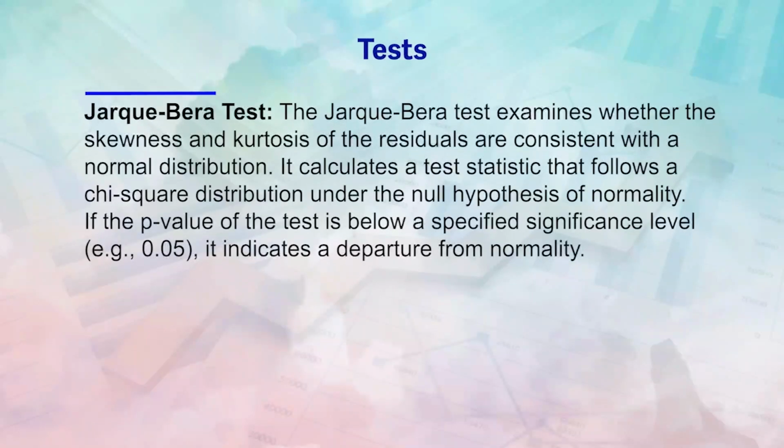So we have some test procedures to detect non-normality. One of them is the Jarque-Bera test, whose null hypothesis is normality, so if the p-value is greater than 0.05 we do not reject it, but if it is less, then it is a departure.